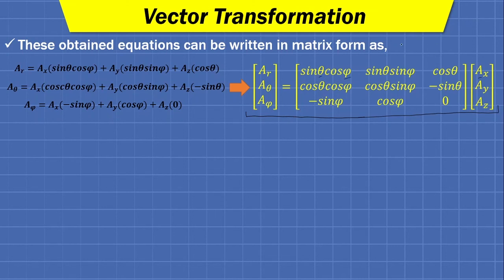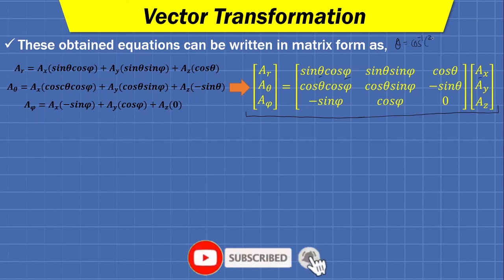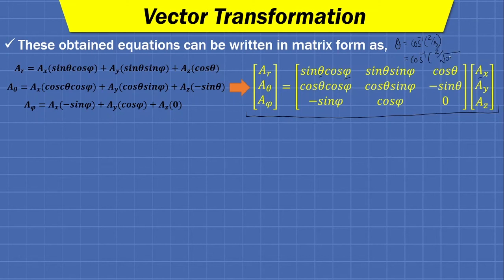Just remember the lecture in which the spherical coordinate system was covered: theta is cos inverse of z by r, where r is nothing but the square root of x square plus y square plus z square.